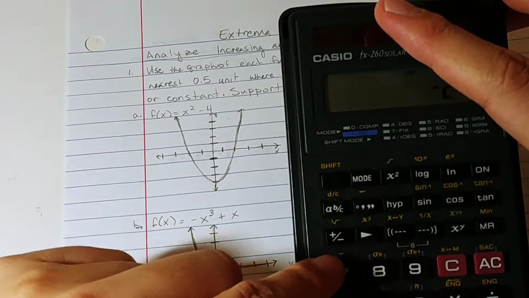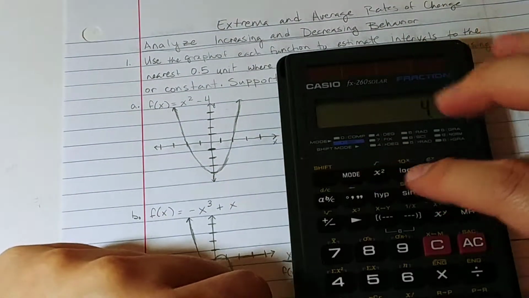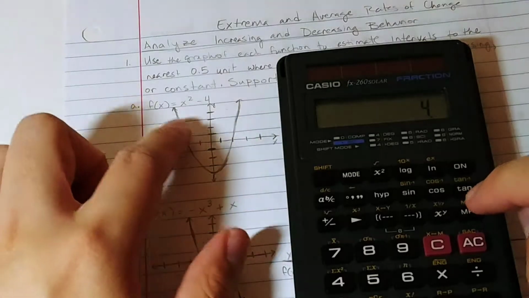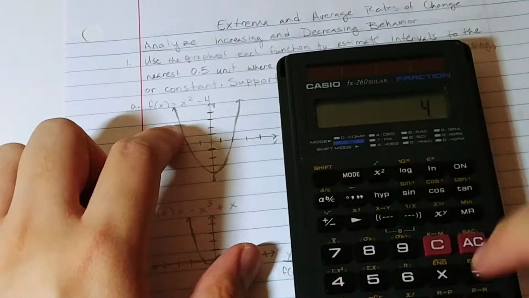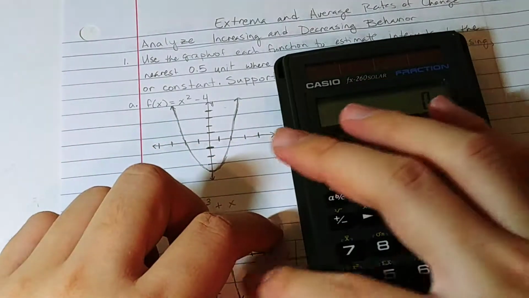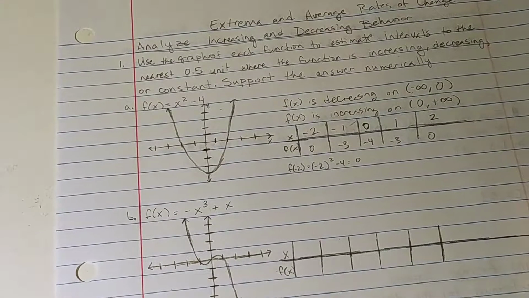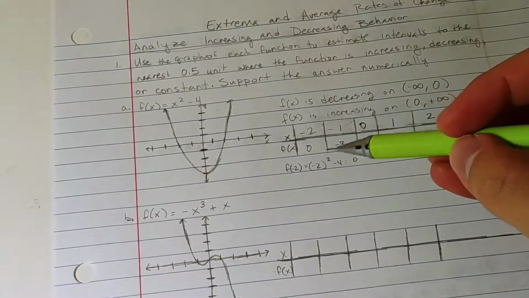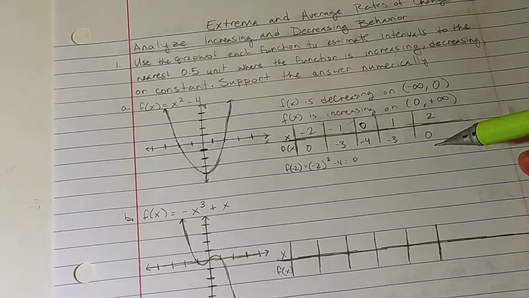So x squared, and then minus 4, equals 0. Alright, and I'll do the rest. And there we go. So we have 0, negative 3, negative 4, negative 3, and then 0.